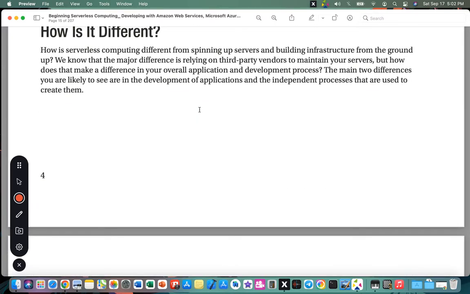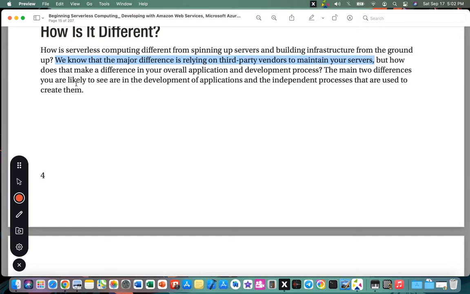How is serverless computing different from spinning up servers and building infrastructure from the ground up? We know that the major difference is relying on third-party vendors to maintain your servers. But how does that make a difference in your overall application and development process?